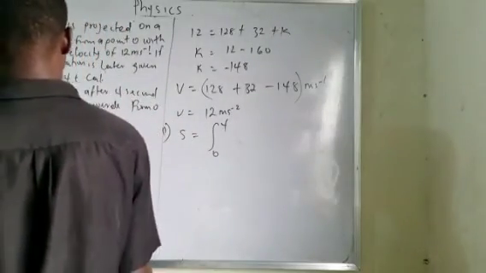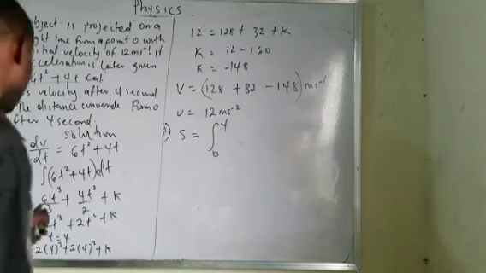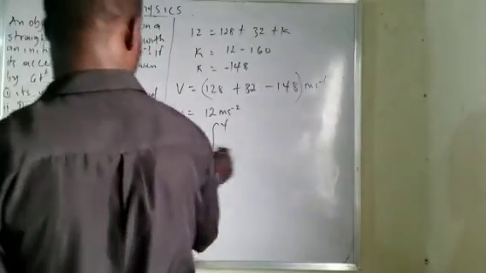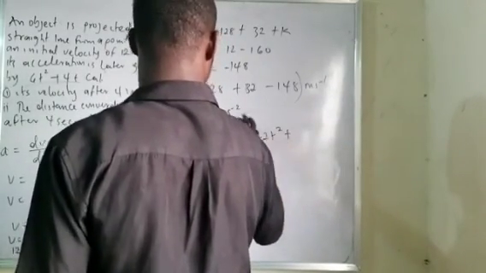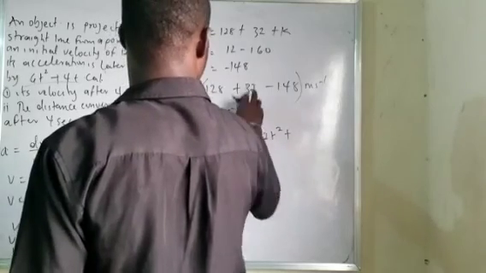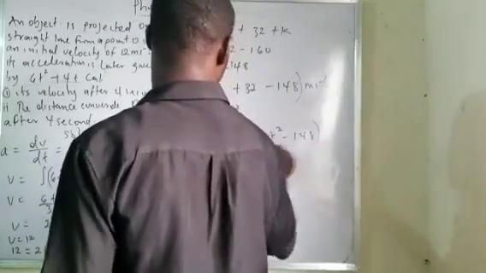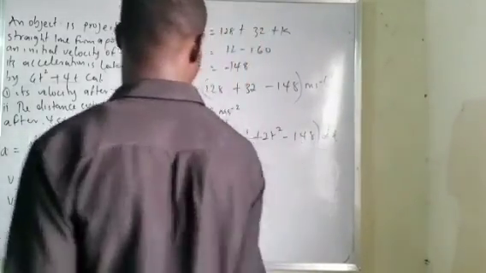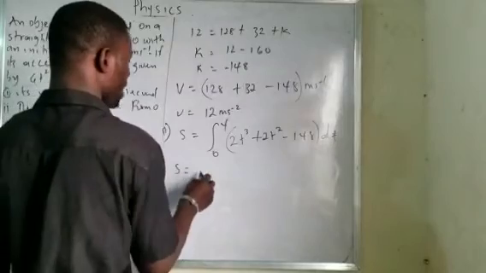The equation generated from here is 2t cubed plus 2t squared minus 148 with respect to t.